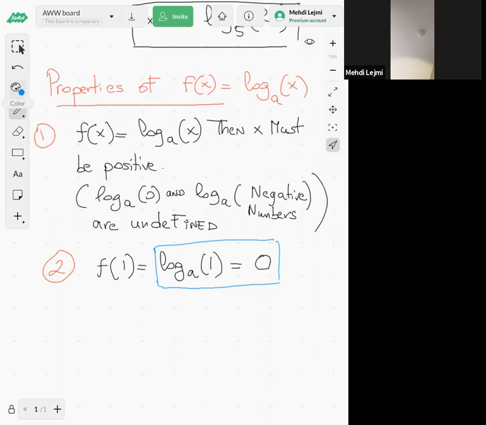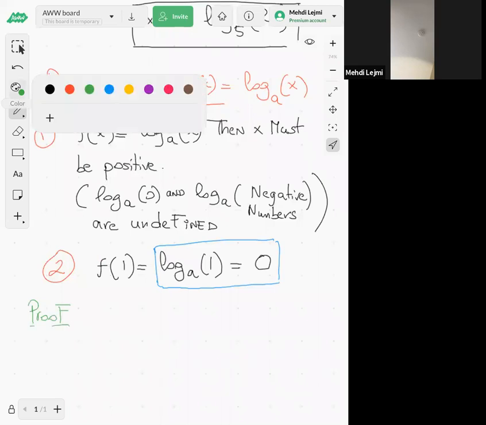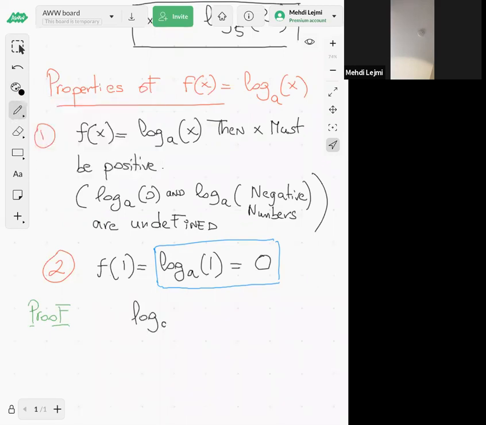The reason is this. Let's say you have log in base a of 1 is equal to some number, let's say x.